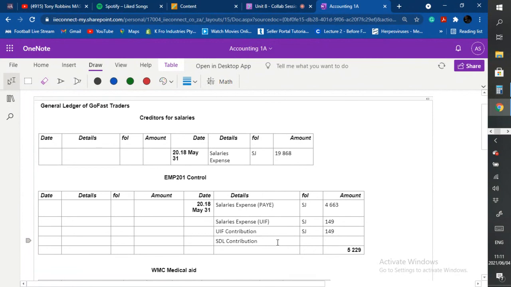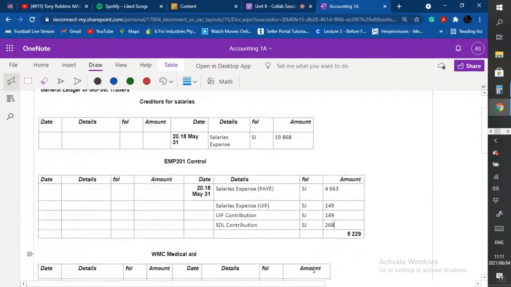And thank goodness for that. We have enough deductions as is in life. All right. And we calculated that SDL to be 268. Now, when you add all these amounts together, you then get 5,229. And this amount is what we are then paying over to SARS, because SARS is the one that collects these things.